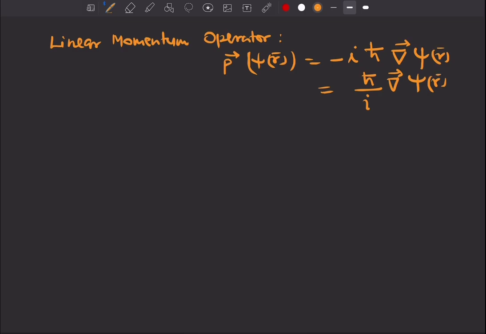And the next operator is the Laplacian operator, del square.